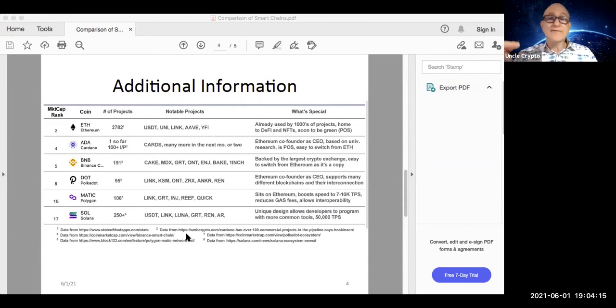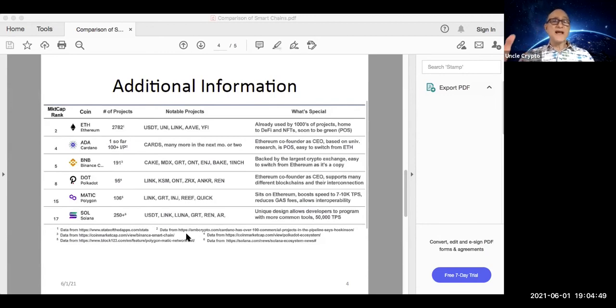The 2 that didn't have it were Ethereum, because that concept didn't exist when it was first designed in 2014, and Binance, which came a little bit late, and they're working on it now. But Cardano, Polkadot, Polygon, and Solana were all designed to be interoperable right from the beginning.